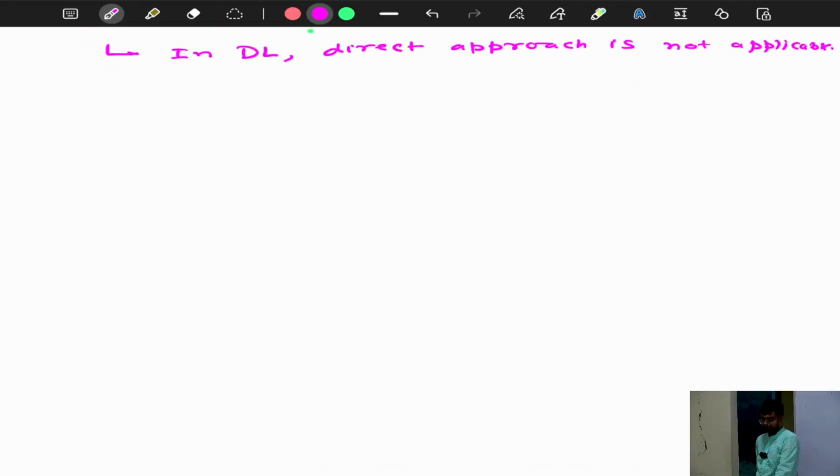In deep learning, the direct approach is not applicable, which means the only option we have is the indirect approach.